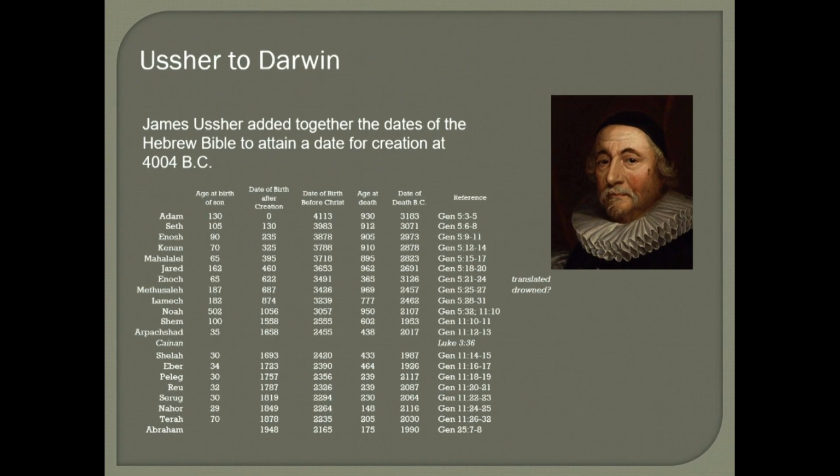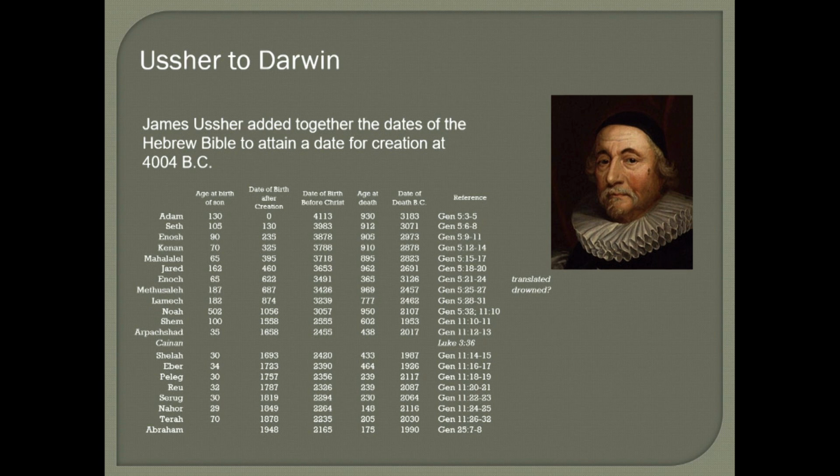This tiny print on this slide is a bunch of information coming from the biblical text, beginning with Adam, ending with Abraham: their age at the birth of their son, the date of that birth according to creation date, the date of the birth BC, their age at death, and the date of their death, BC, along with the reference from which it comes.